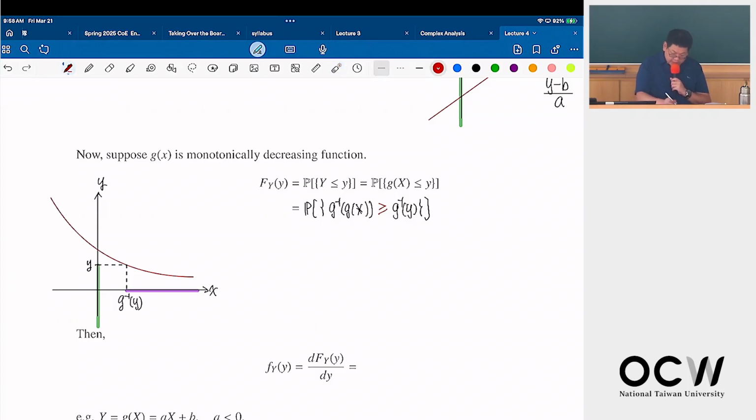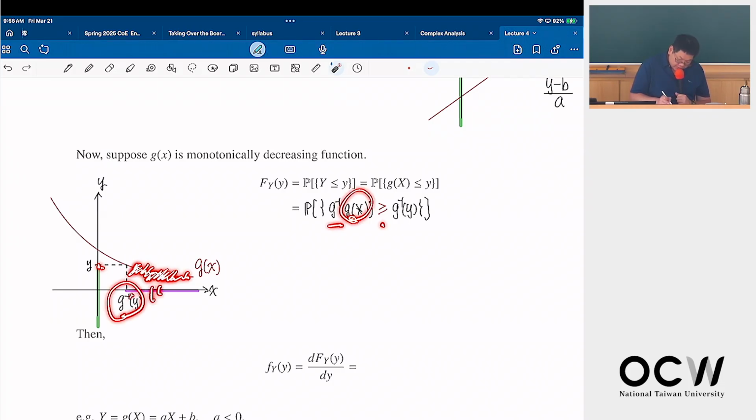And this is g of x. So you can see that g of x is less than y here, this part. That means x should be greater than or equal to this point.